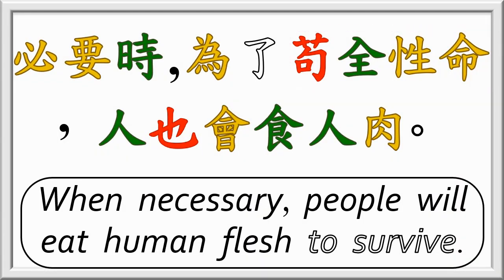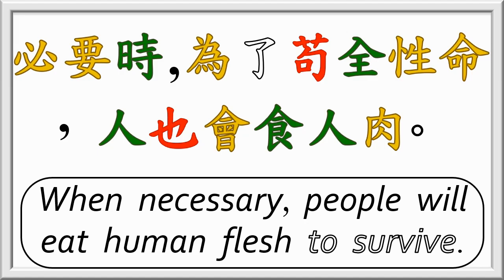苟全性命. You'll recall that 苟 from lesson 98 means a type of grass and implies careless disregard. When used in this expression, it means a person will go to great lengths, regardless of cost, 苟 to preserve, 全 his or her attachment to this life, 性命. 必要时为了苟全性命，人也会食人肉.